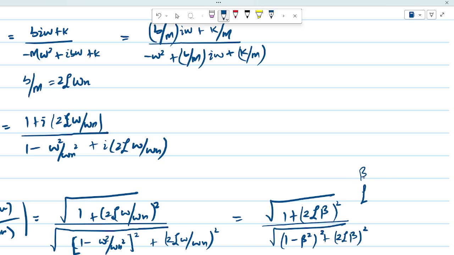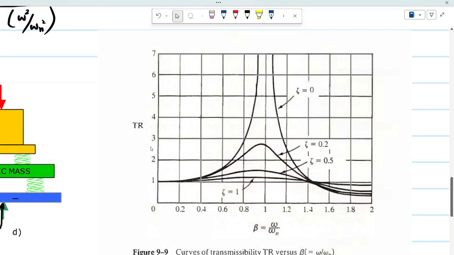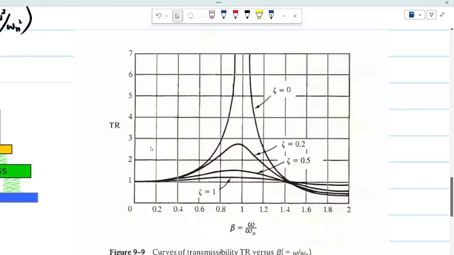So in a lot of cases, you will find graphs in your vibration books like this one. So this is how, if you keep on changing the value of frequency ratio, this is how your transmissibility will change.